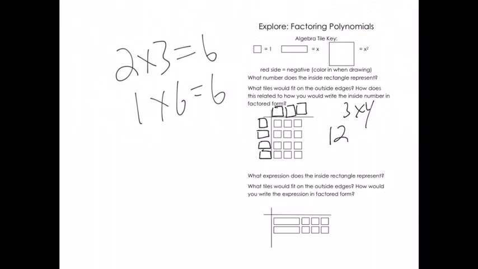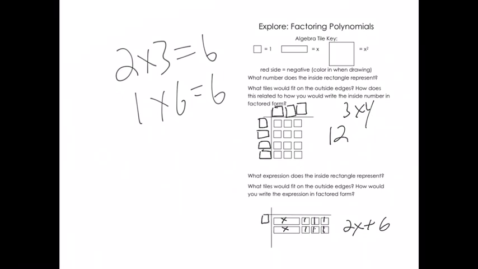How about this one? I've got an X, I've got an X, I've got a 1, 1, 1, 1, 1, and 1. So isn't that, what's inside, isn't that 2X plus 6? 6, Dan, not 2. So isn't that going to be 2 this way? Oh, let me do the algebra tiles, sorry.